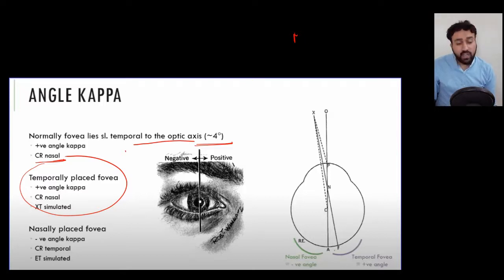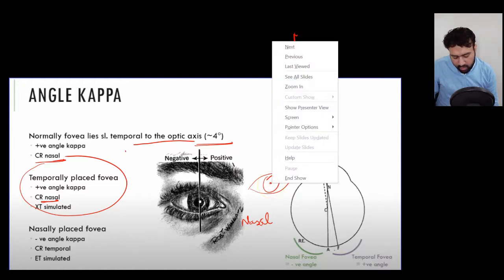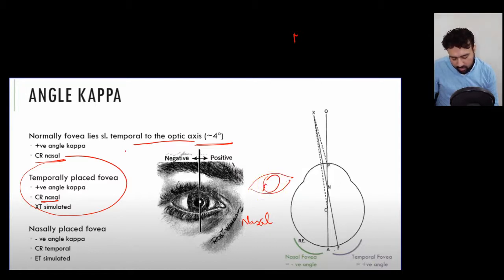Now, what happens if the fovea gets dragged even more temporally, right? If the fovea gets dragged more temporally, the corneal reflex will become more nasal, correct? Let's say this is the nose here, this is the nasal side. If the corneal reflex was here initially, now it's going to come even more nasally.